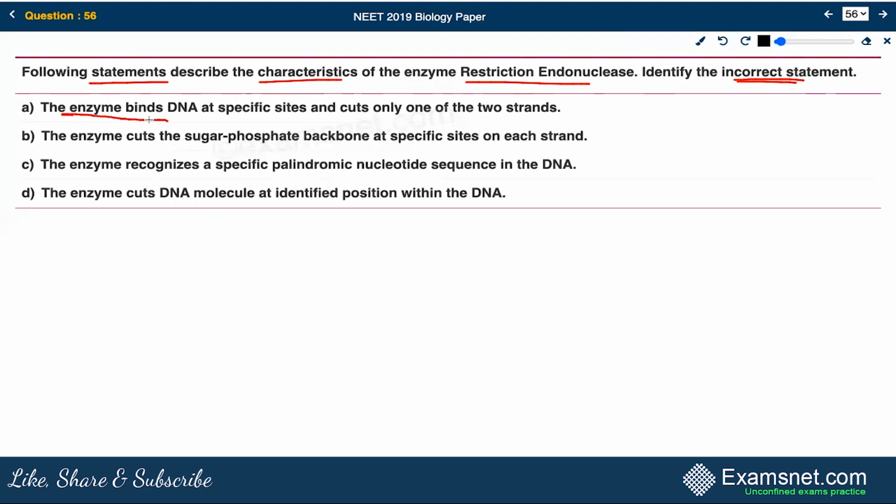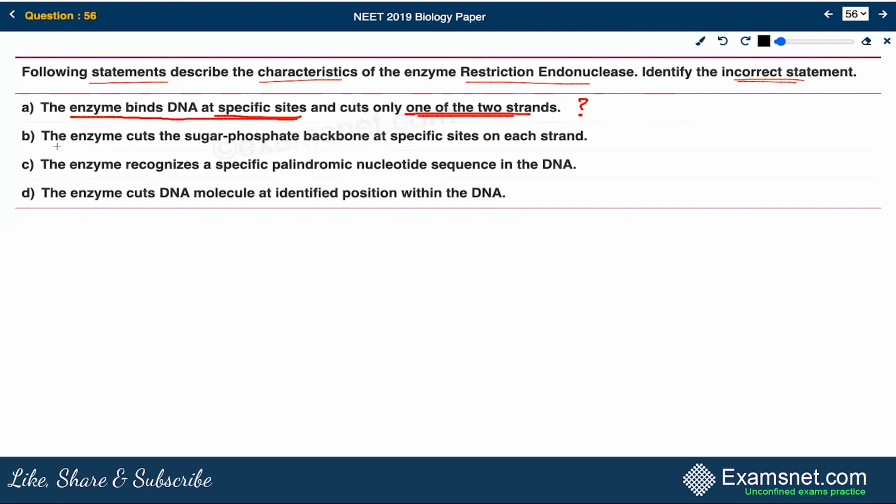Up till here it is correct, that restriction endonuclease is one such enzyme that binds to DNA at specific sites. So this is true. But does it cut only one of the two strands? Let us see whether it's true or false, but before that, let us take a look at the other statements.